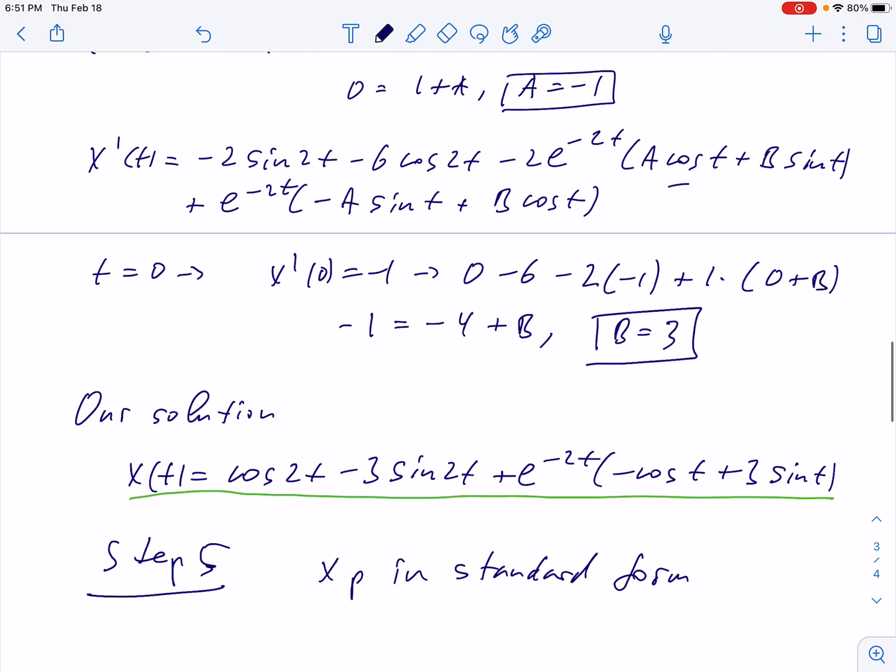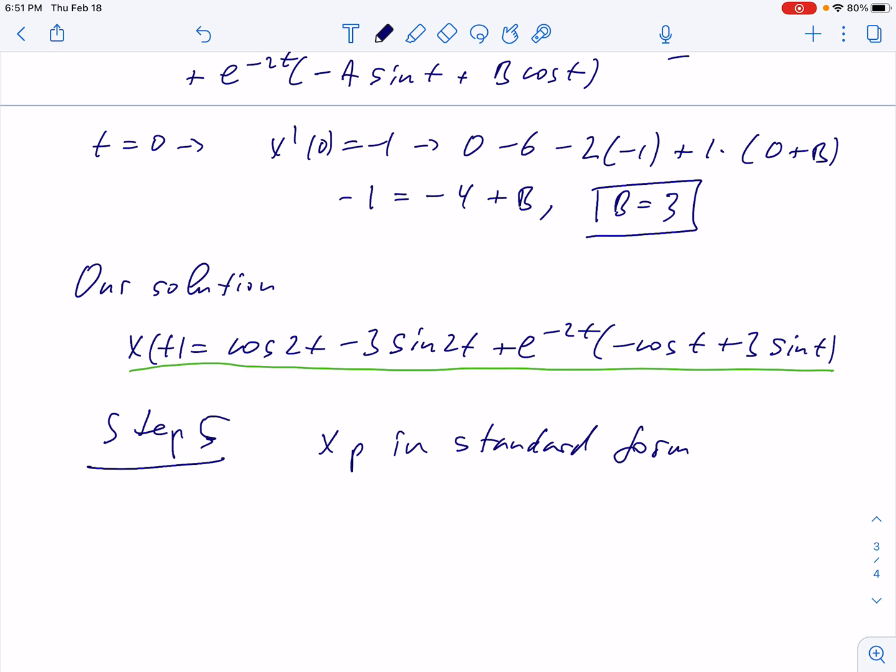So after some time, the solution for our system will be close to the particular solution when t is large.